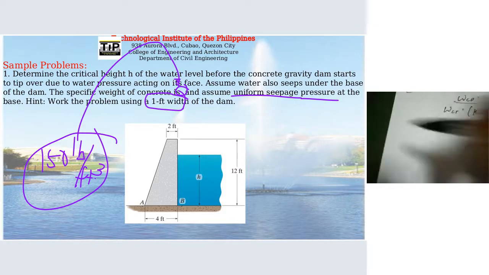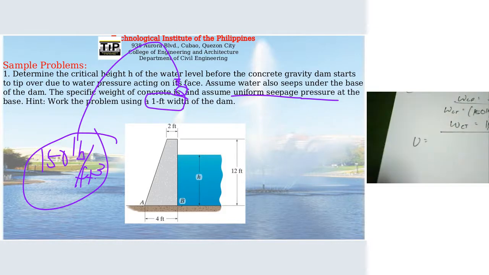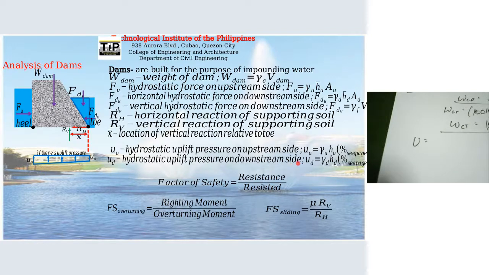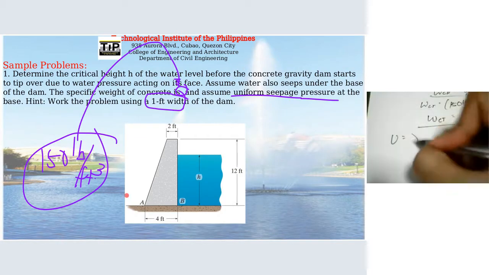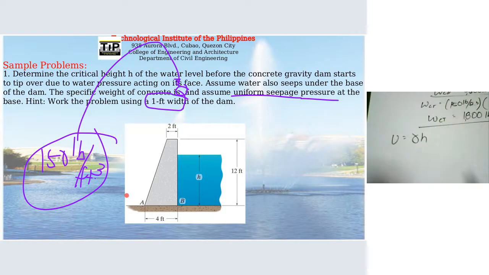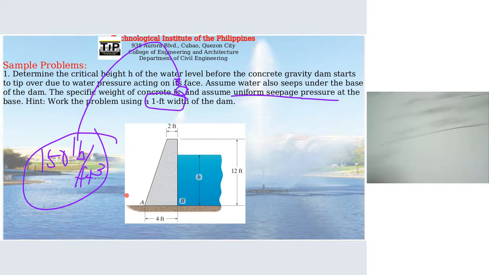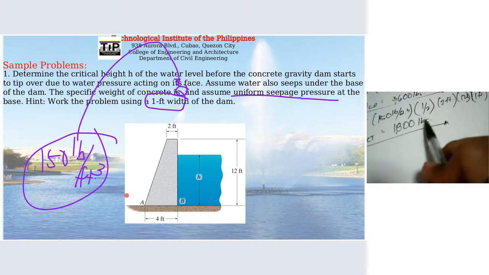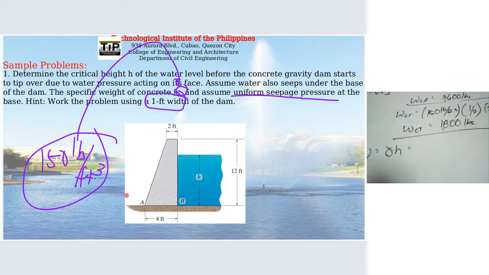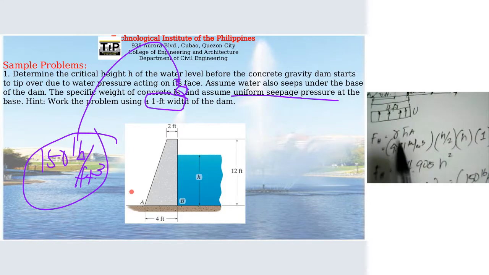So how do we solve for U? We look at this slide. So it's gamma H. Gamma H. Okay, we are in the English system, so we do not use 9.81.